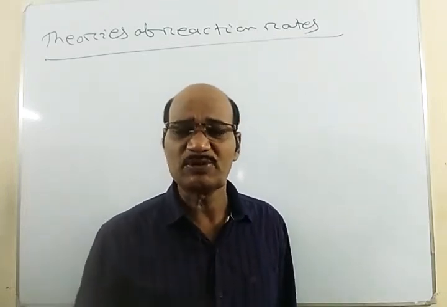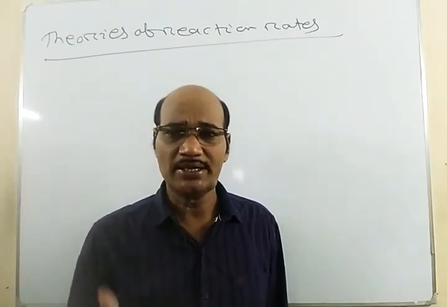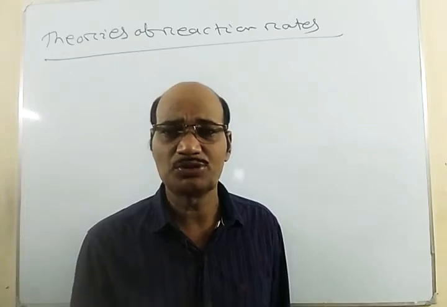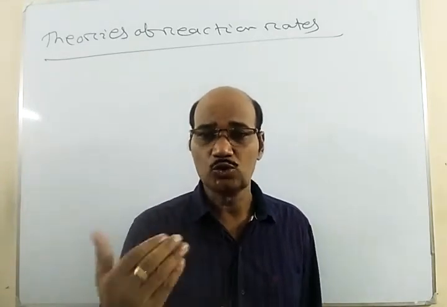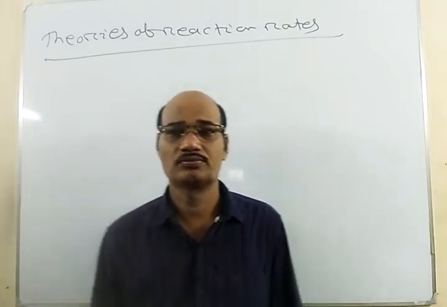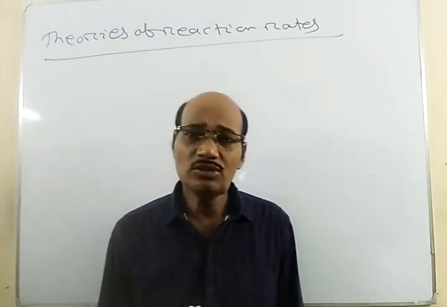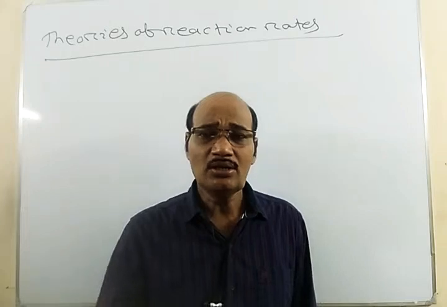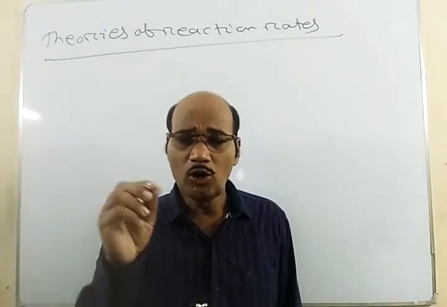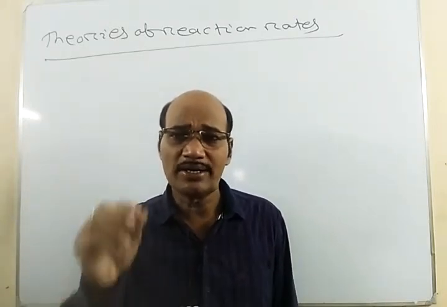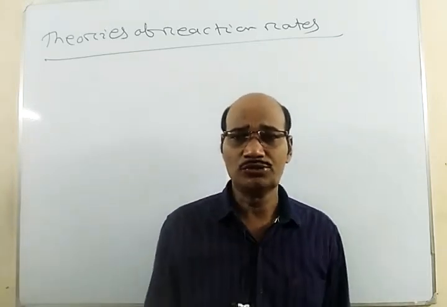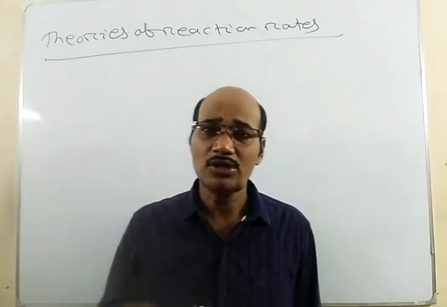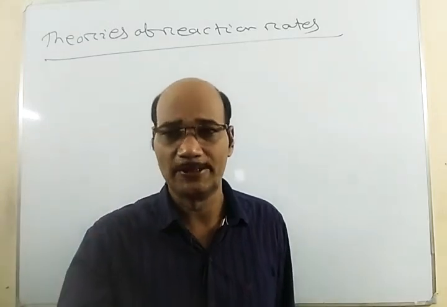Practically, by doing experiments, we can say in how many steps a particular chemical reaction is completing, in one step or two steps or three steps. And also, what is the order of the reaction? How many molecules actually undergo change in concentration during the course of the reaction? That also we can obtain experimentally.